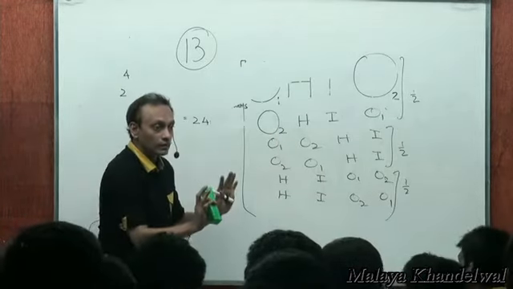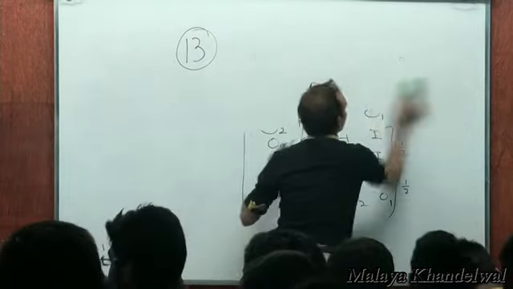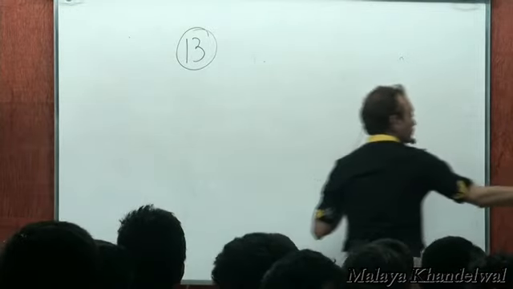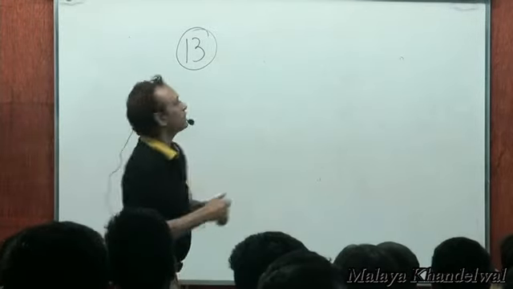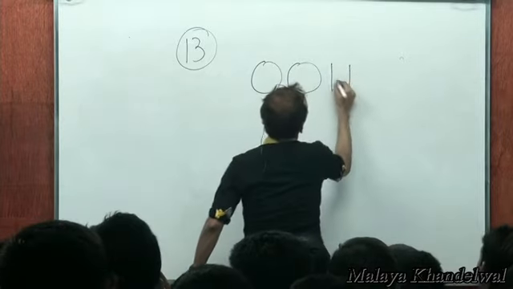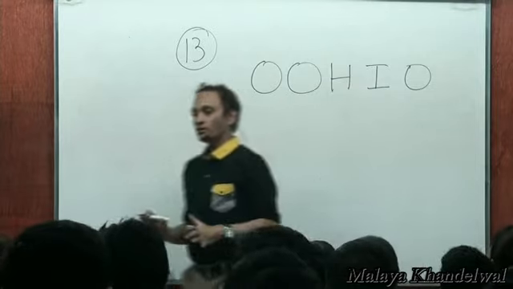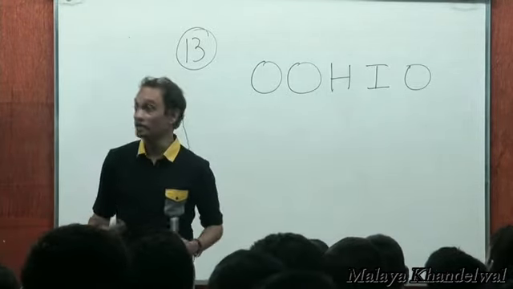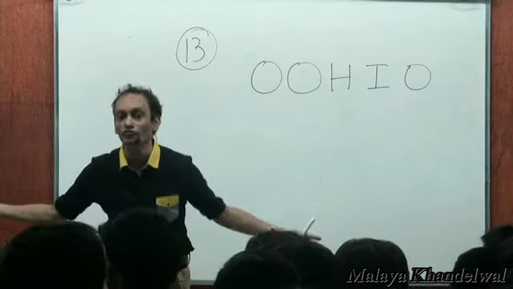Now, suppose instead of Ohio, let's say there was a city called Ohio. Five letters. I want to take all of them in creating permutations. In creating rearrangements, I want to take all 5.